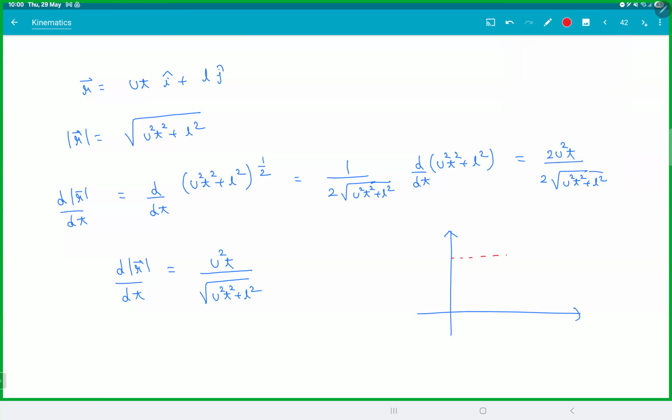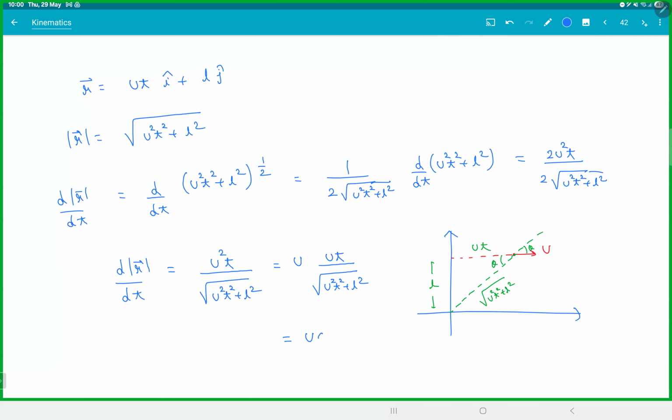So when this particle has traveled somewhere till here, it is going with speed u. If I join this line here, this is ut. If I take this angle to be theta, this is length L. This will be your hypotenuse, root over u square t square plus L square, and this also will be theta. You will realize this is nothing but u into ut by root over u square t square plus L square.